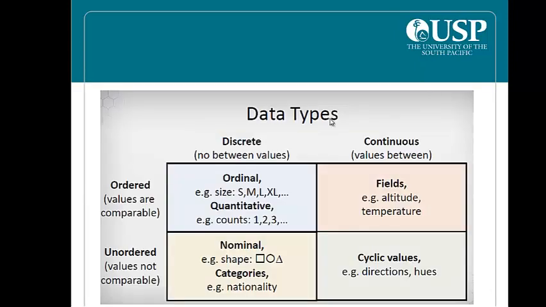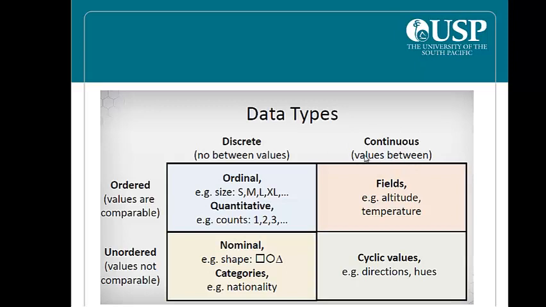So just going over this again, we have discrete variables. Discrete just means that they're separate values. So you could have a difference between red, green, and blue, those would still be discrete because they're separate values. So there's no in-between values.